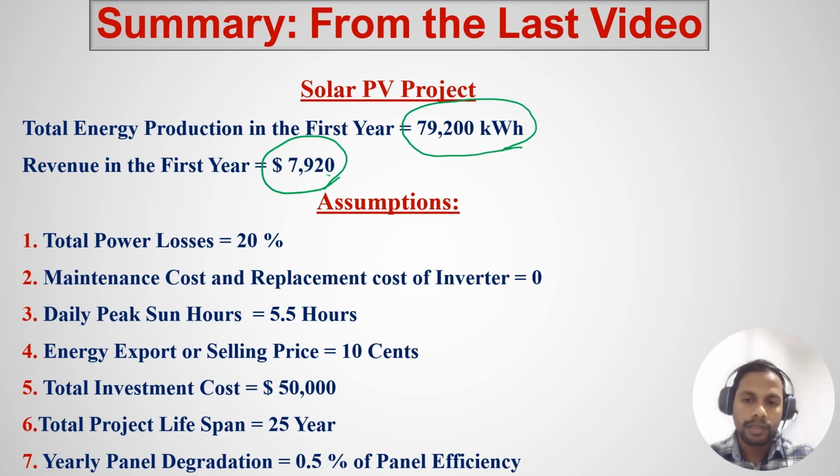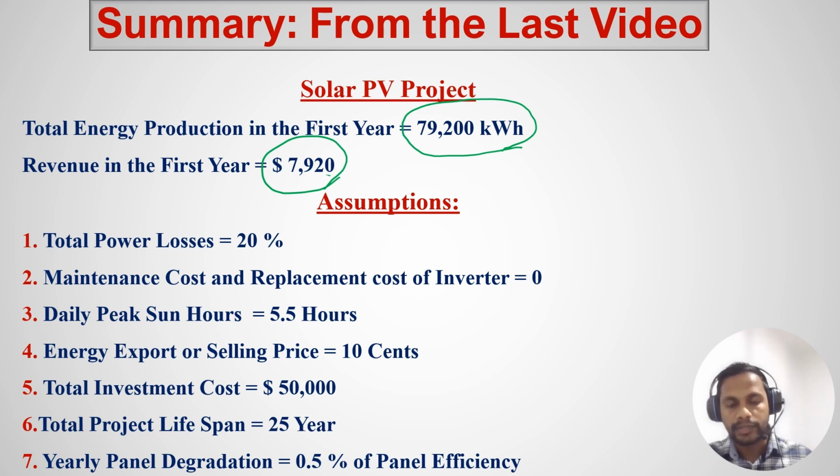In future things may change: the solar panel price may increase, interest rates may go high, because of climate change the temperature can rise, and the solar panel export value may change.